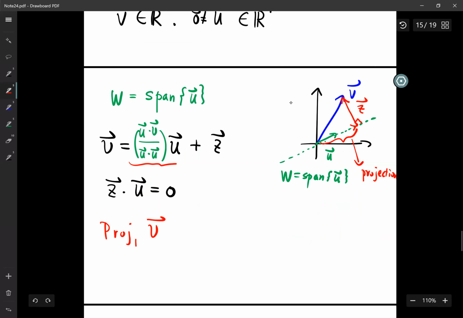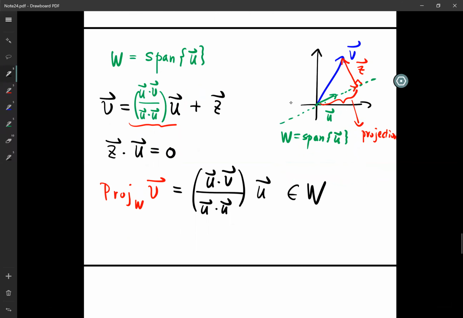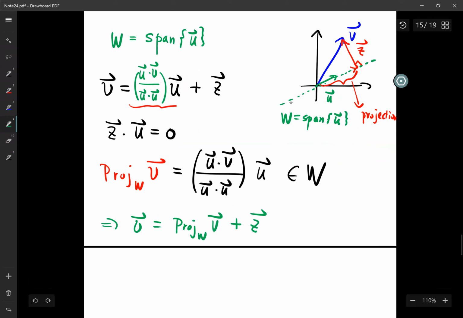The projection of v onto w, this is how it reads, is u dot v divided by u dot u, which is a number, times u. It is some constant times u, and therefore this is in w. It's called the projection. So what this line reads, I can also write as v equal to the projection of v onto w plus a z that is orthogonal to the subspace. Any question?